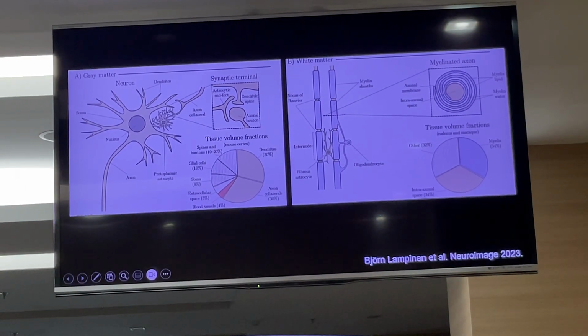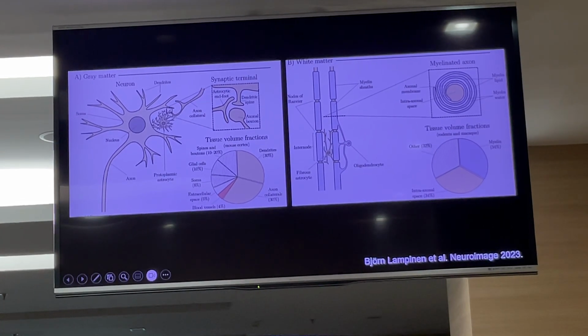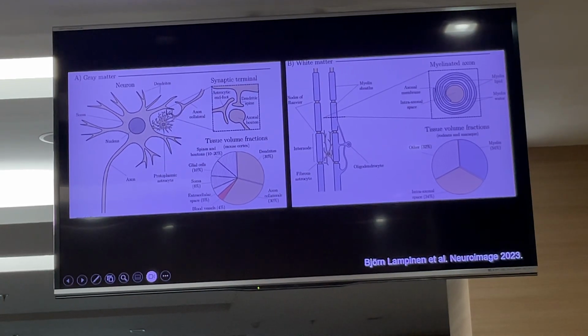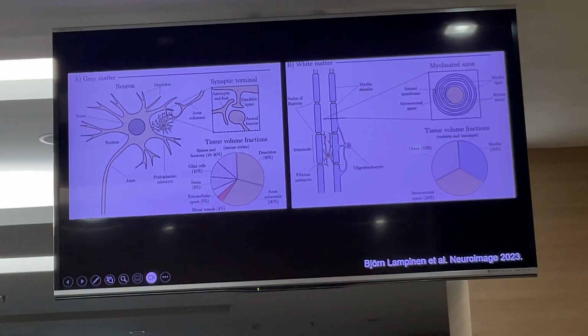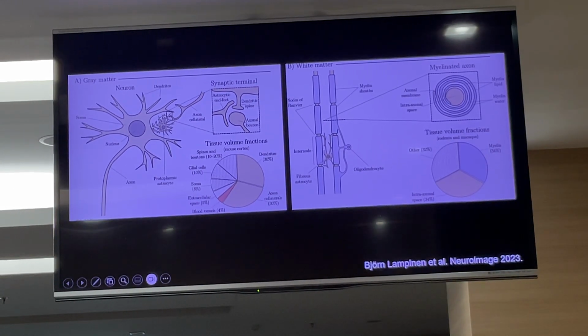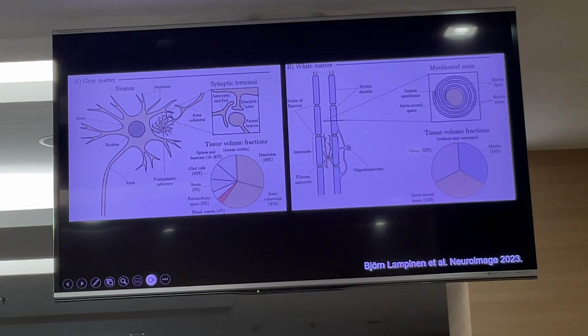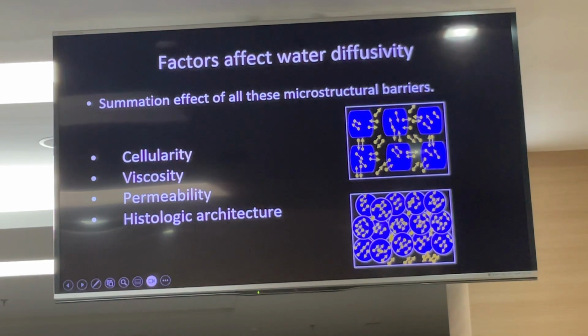In research, some diffusion models can evaluate and demonstrate white matter parameters like axonal parameters, and hopefully we can use diffusion to evaluate gray matter. But in clinic there are still some limitations because of resolution and imaging technique, but hopefully we can use that in clinic.